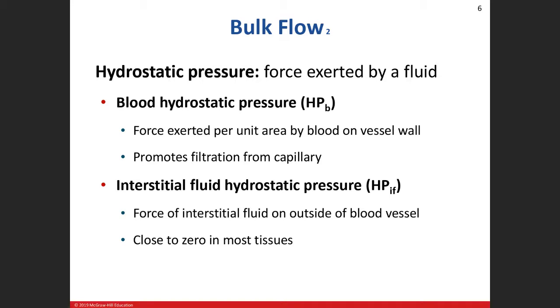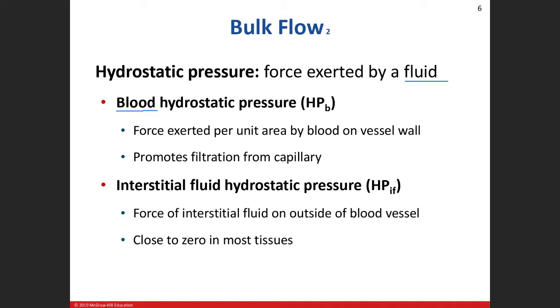So when we talk about hydrostatic pressure, we're going to be dealing with a fluid. There's two components to the hydrostatic pressure when we're talking about our blood vessels. There's the pressure of the fluid inside the vessel, and we're going to refer to that as the blood hydrostatic pressure.